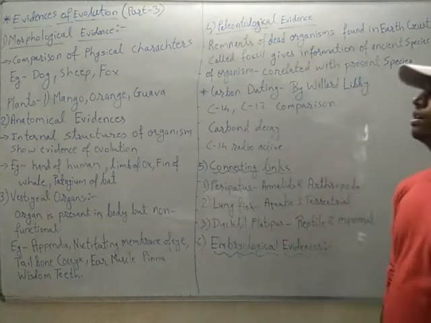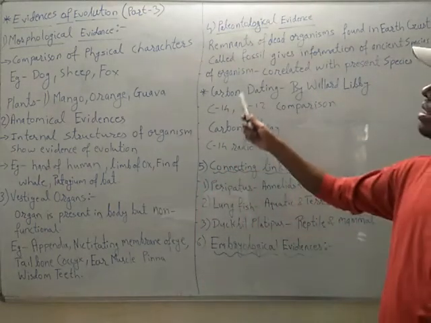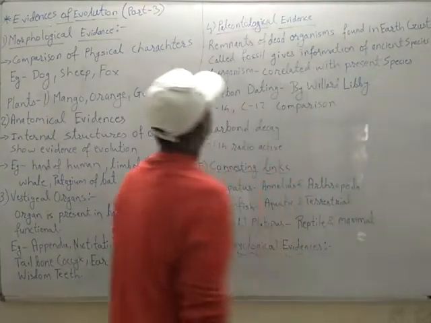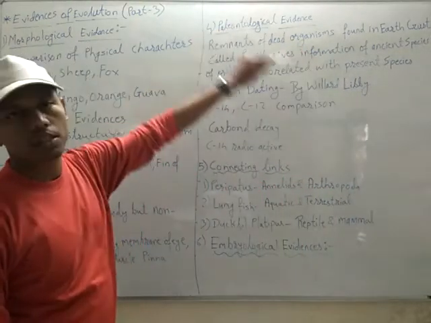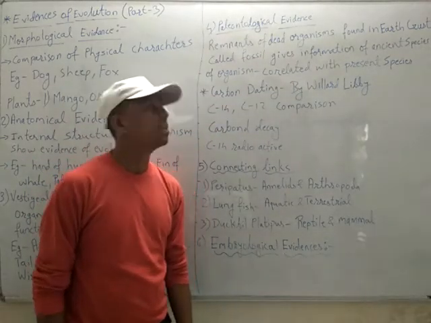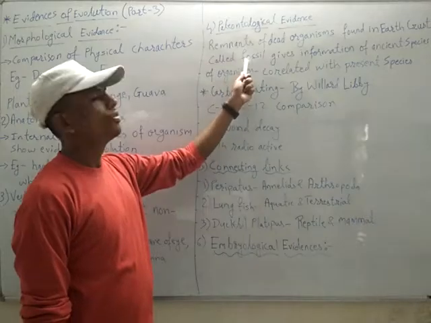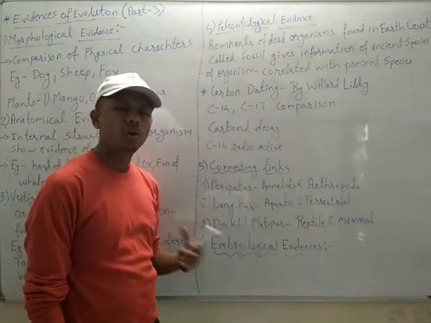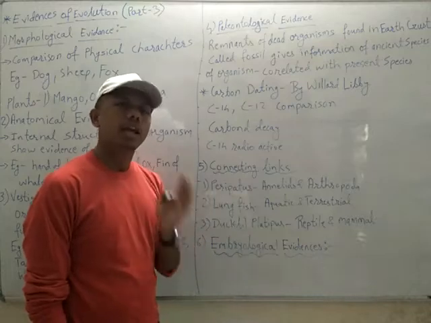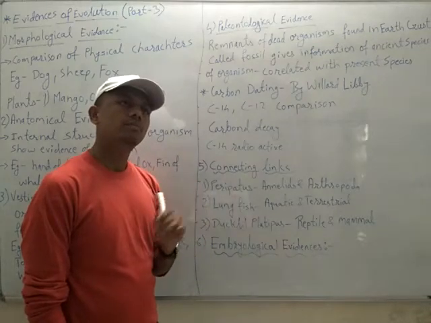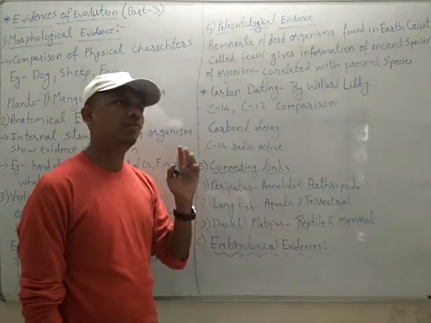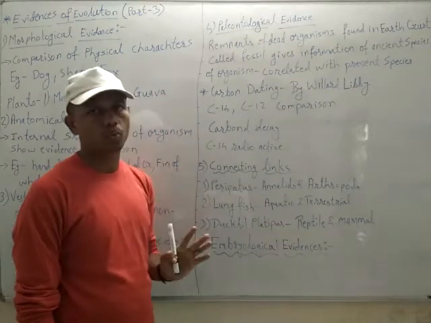Next evidence of evolution is paleontological evidence. What is paleontological evidence? It means the evidence from fossils. So what is a fossil? A fossil is the remnant or remaining part of dead organisms, and these organisms died far back in history, many thousands of years ago.